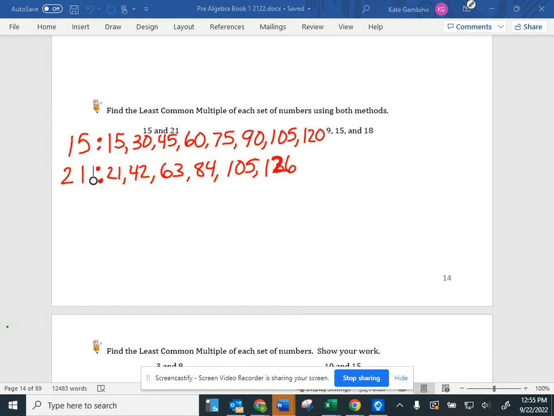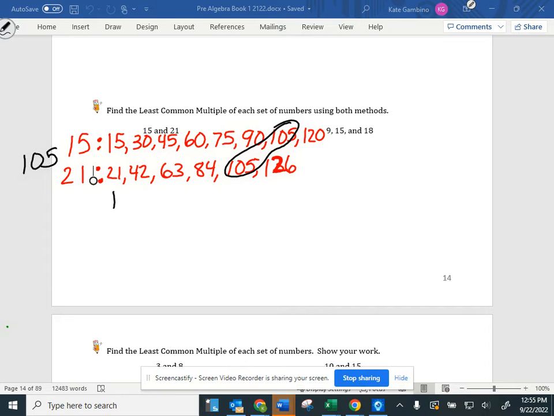All right, now let's circle common multiples that they share. Look at that. We share the 105, and it's our smallest common multiple, so I didn't go up any higher. So we got 105.